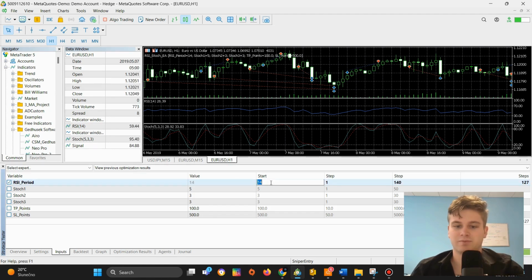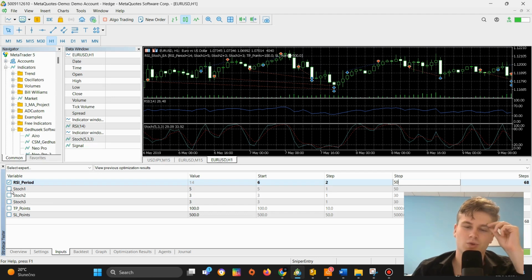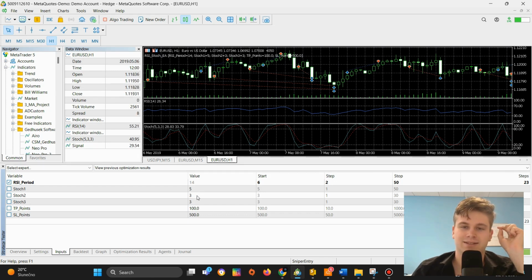The RSI period can be optimized. So let's start at 6, step of 2, and stop at 50. Stochastic. Should I optimize the stochastics? I think I will leave it like this for now, because since there are 3 parameters, it can make a huge mess if it's not optimized in the correct way.